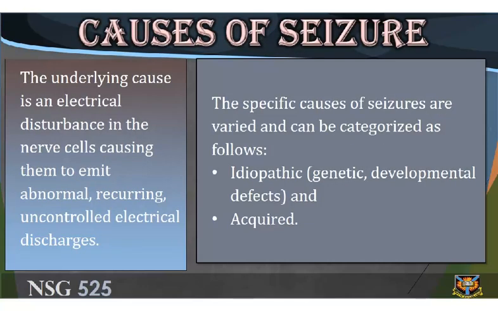Causes of seizures. The underlying cause is an electrical disturbance in the nerve cells, causing them to emit abnormal, recurring, uncontrolled electrical discharges. The specific causes of seizures are varied and can be categorized as follows: idiopathic, genetic developmental defects, and acquired.